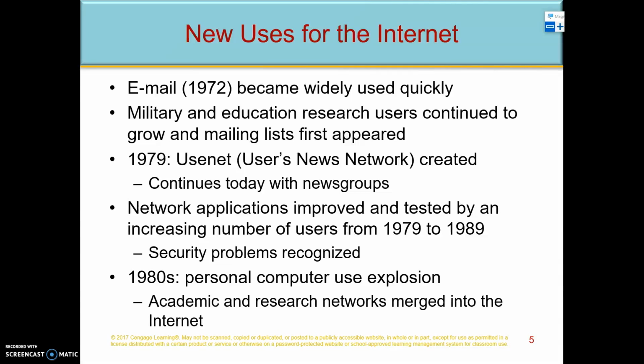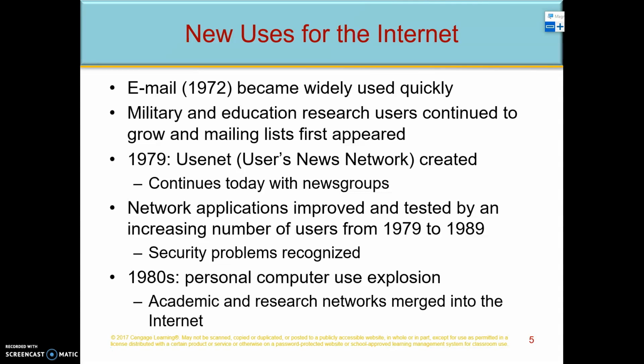That caught on, and then in 1972, email started to become more widely used. Not like we see it now. It was mainly character-based. The military and education research users continued to grow, and then mailing lists started to appear.